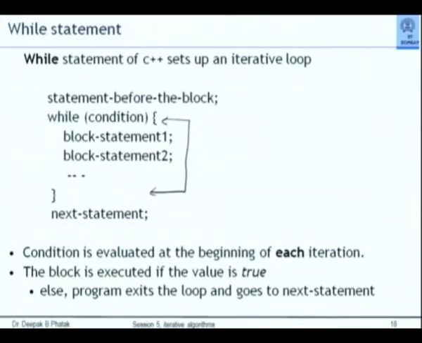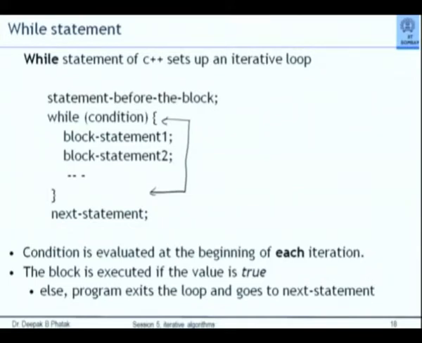All that I am saying by this statement is, while this condition is true, keep repeatedly executing the block. Every time you execute the block, come back and again check the condition. If the condition is true, go back again and do it. When the condition becomes false, get out and go to the next step.